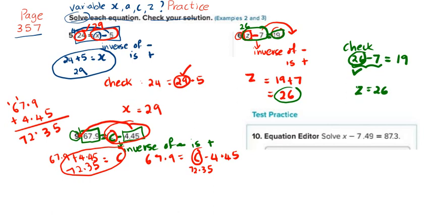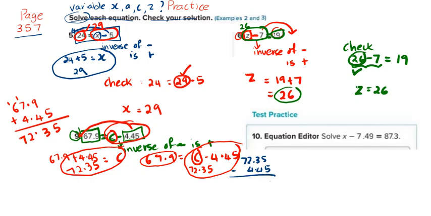And you can test that when we subtract these two, does it equal 67.9? And you will see that yes, it actually does. So let's do that quickly. So you can say 72.35 minus 4.45.